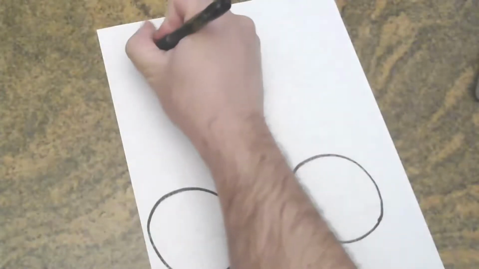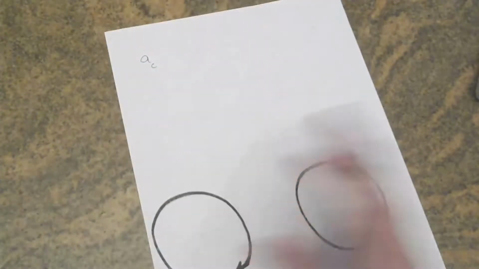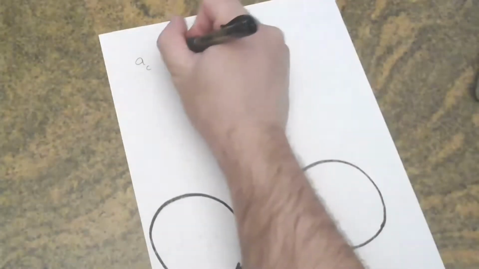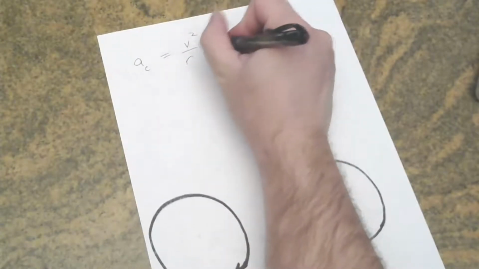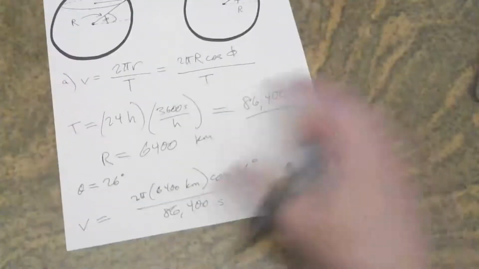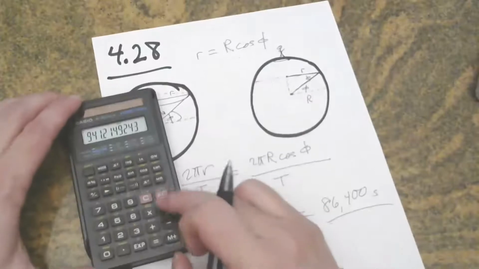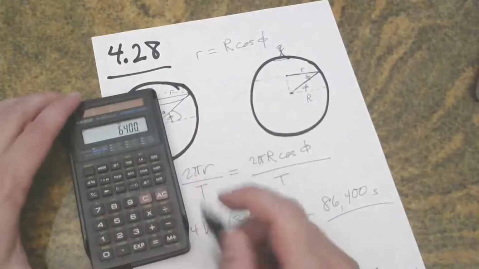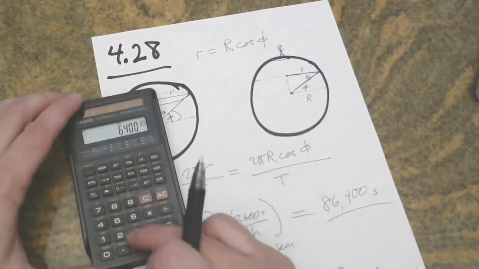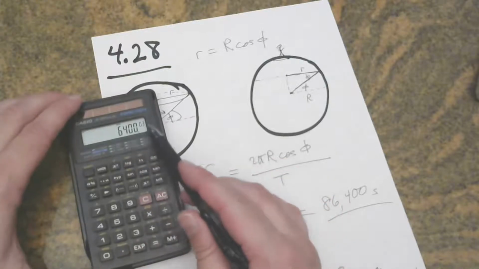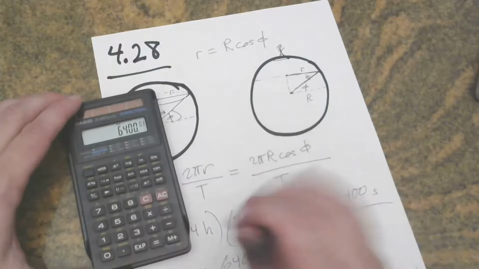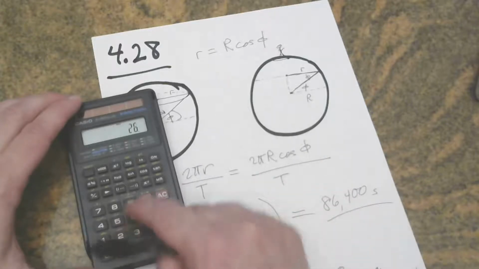So centripetal acceleration, I'll put A sub C for now. Later we'll call it A sub R. That's V squared over R. Well, let me go ahead and calculate the radius separately so I can plug that in. That's the 6,400 kilometers. And now I'm going to put it in meters. The radius in meters is 6,400 times 10 to the third times the cosine of 26.